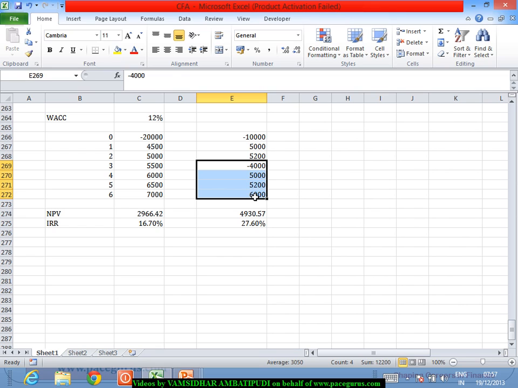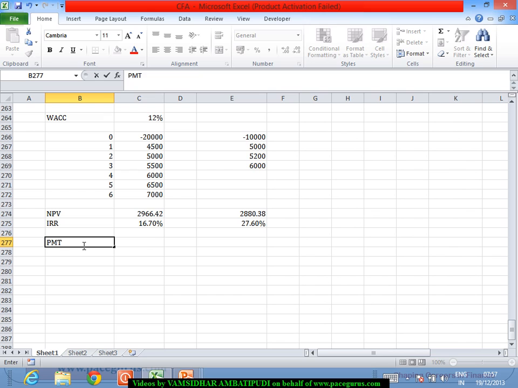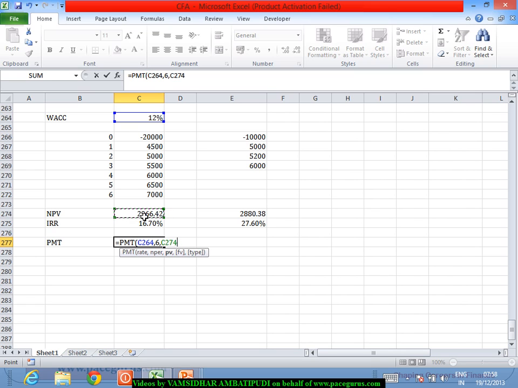I still continue with the old process, and only take the NPV for that period. But I know that this NPV is over a 6-year period, so I'll compute an annuity using my PMT formula, where the rate is the weighted average cost of capital, the number of years in this case is 6, I take the present value as the NPV, and of course the FV as 0.